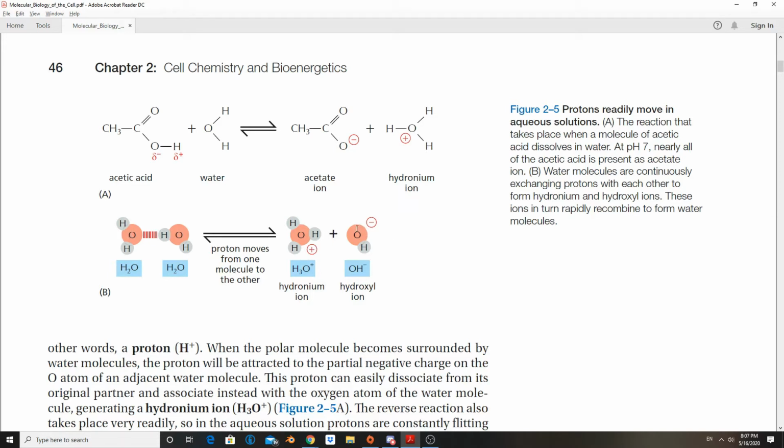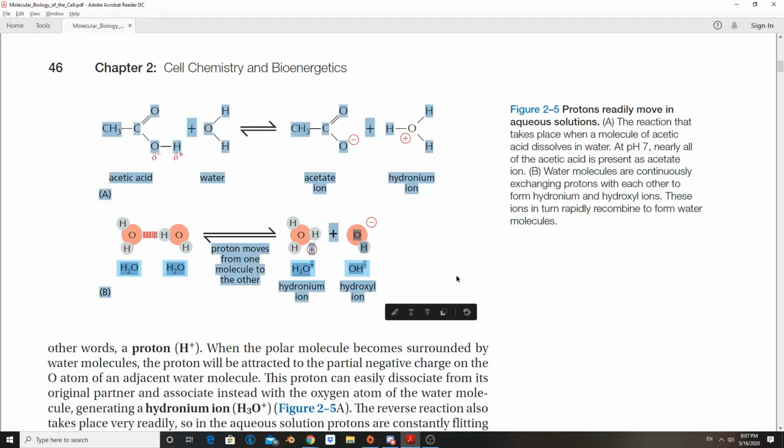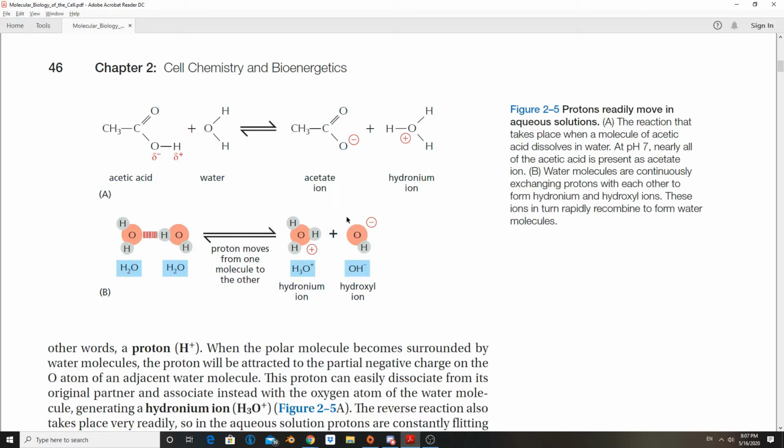Now, you will never see just a lone hydroxyl floating here. It's usually going to be part of a bigger molecule. But basically, what's going on here is that the hydrogen is taken from this molecule, and it becomes negatively charged because it no longer has one of the protons that was present in the overall molecule.